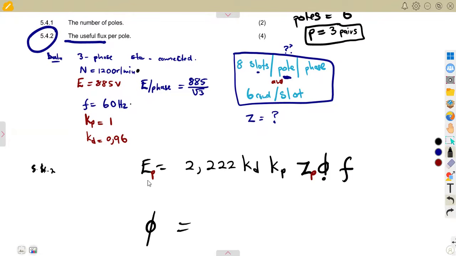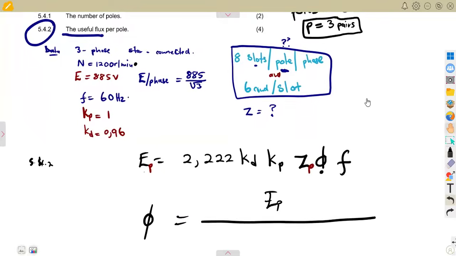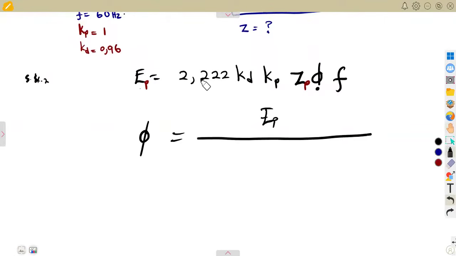So the useful flux is going to be EP, which is the generated EMF per phase, not the line, but the generated one. So you're going to divide by 2.22 times KD times KP times the Z per phase times the frequency, the impedance per phase.